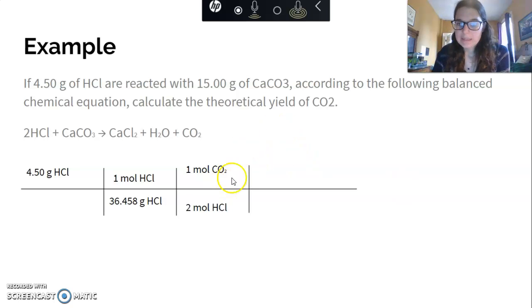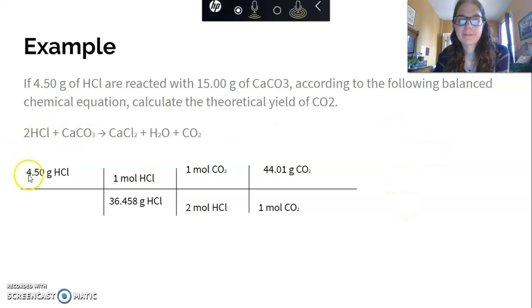Now, in the end, I'm not going to necessarily calculate or measure my moles of CO2. I would probably calculate volume or grams. In this case, the next problem, which I know but isn't shown here, is going to give you a theoretical yield in grams. So we're going to do that conversion from moles to grams right now. I multiply by the molar mass of CO2, about 44.01 per 1 mole.